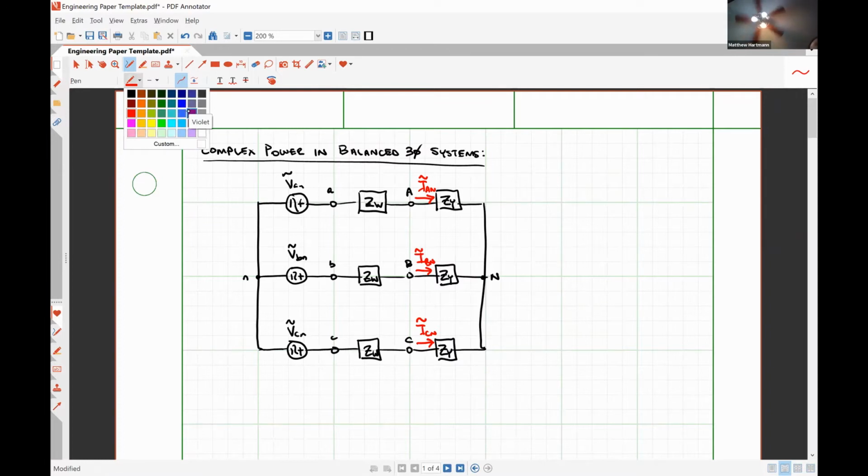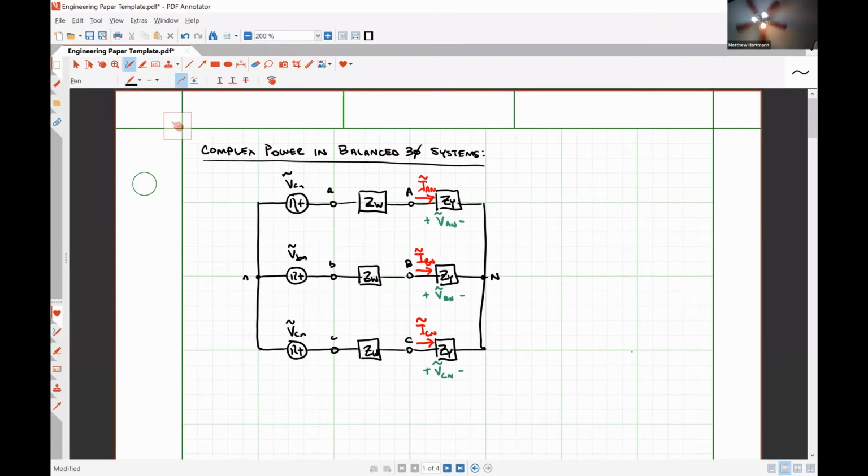And we will also have some phase voltages, VAN, VBN, and VCN, like so.